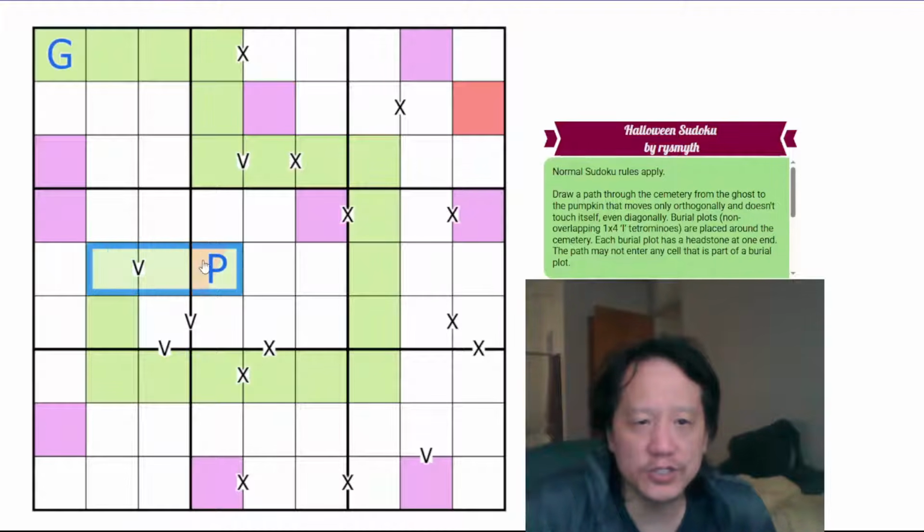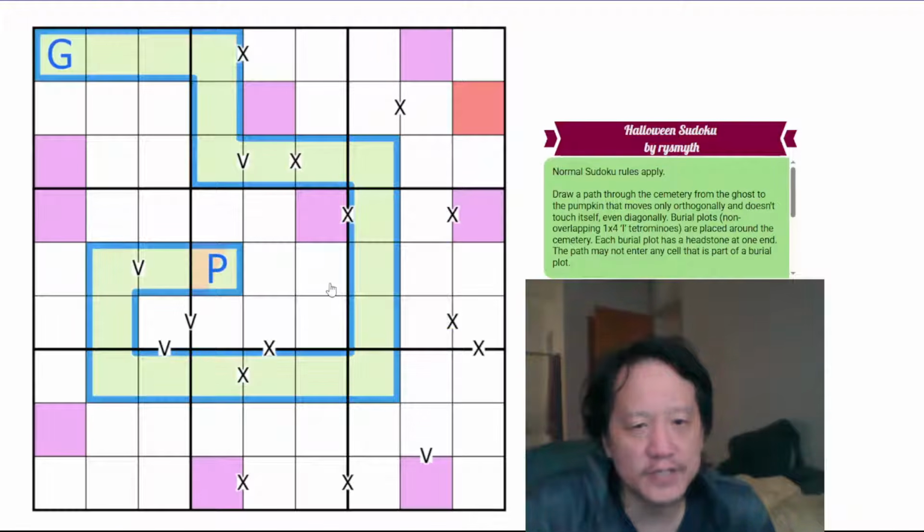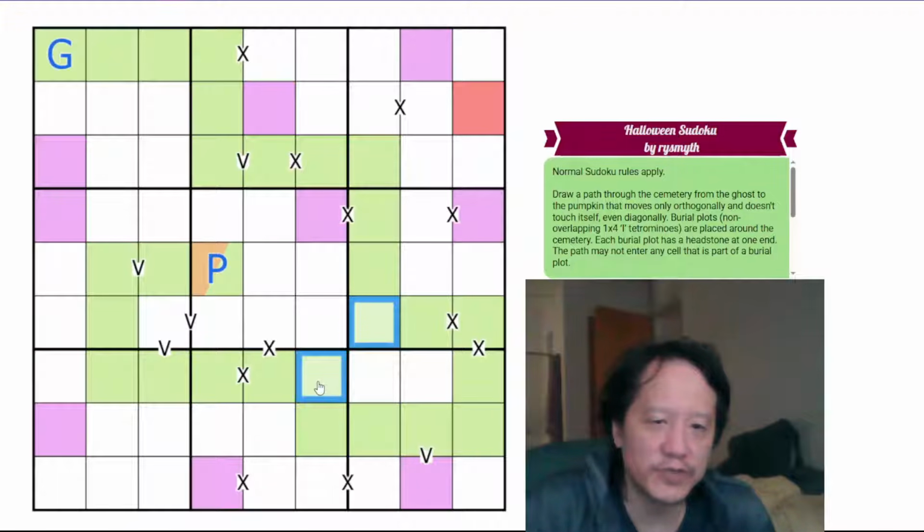It cannot touch itself diagonally, so you could not do something like this, adding in a small hump here. And you couldn't do something like this either. This would not be allowed, because it would be touching itself diagonally.